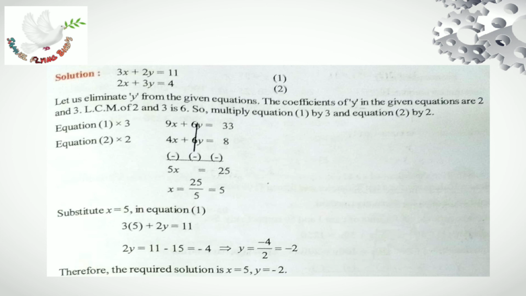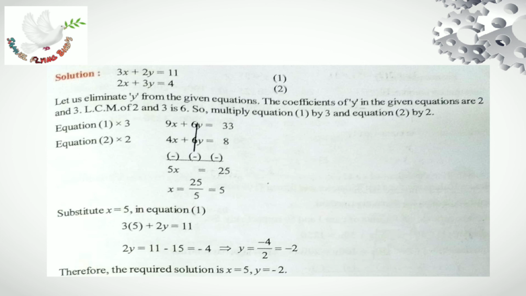By multiplying equation 1 by 3 and equation 2 by 2, we get the expressions 9x plus 6y equal to 33 and 4x plus 6y equal to 8. By this we can eliminate the variable y, and we get the expression 5x equal to 25, x equal to 25 by 5 equal to 5.